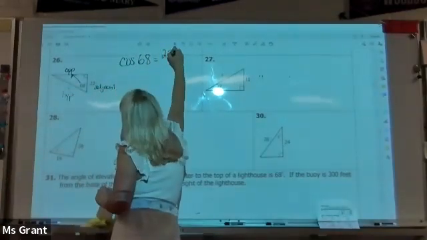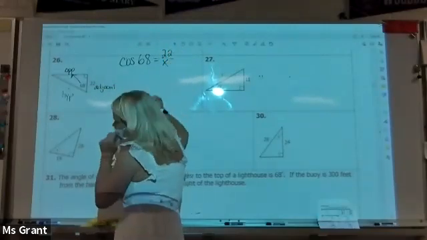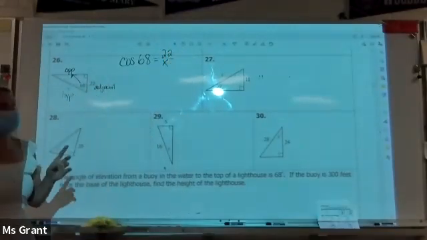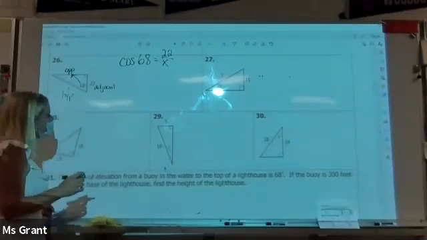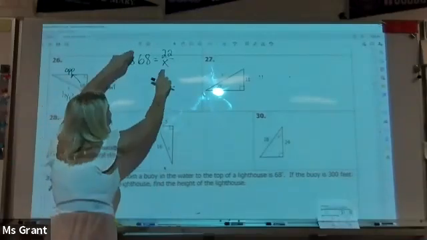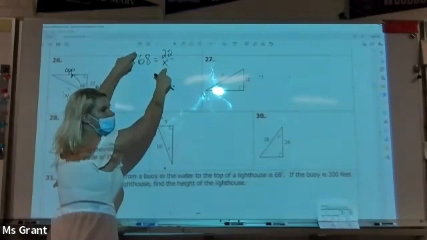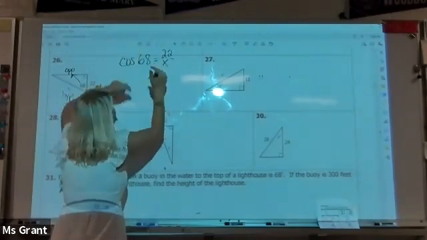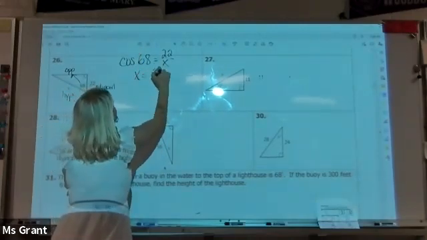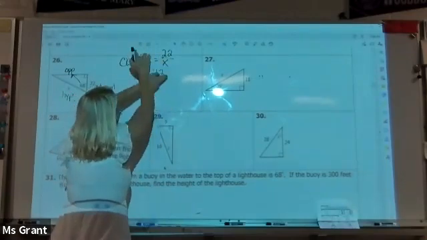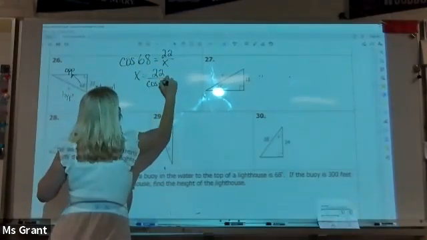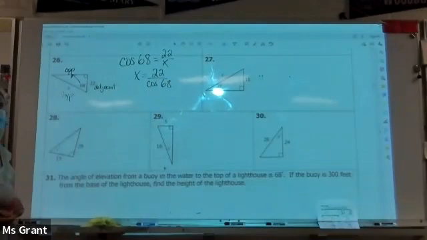Adjacent over hypotenuse. And I wanted to do this one specifically because I've got the trick that I've told you about. When the unknown is in the denominator, you switch like that. So this is gonna be x equals, and you put the cosine 68 in the denominator.